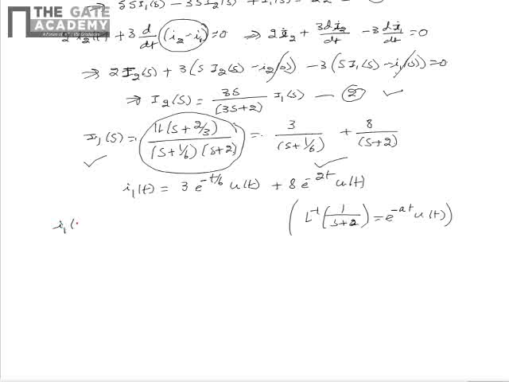So from this we see that i1(1 second) is equal to 3 e^(-1/6) + 8 e^(-2), which upon simplification is 3.62 ampere. Hence the correct option representing i1(t) at t = 1 second is D.